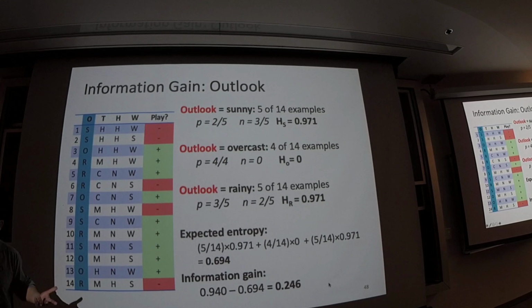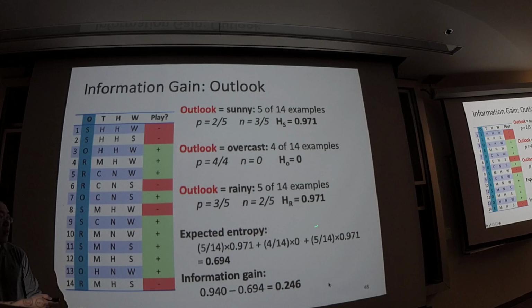Now we do the weighted average according to the size of the data. The first subset, where outlook is sunny, has entropy 0.971, and its size is 5, so it's weighted by 5 over the total number of examples, 5 over 14. The second one has entropy 0, so it doesn't matter what it multiplies to.